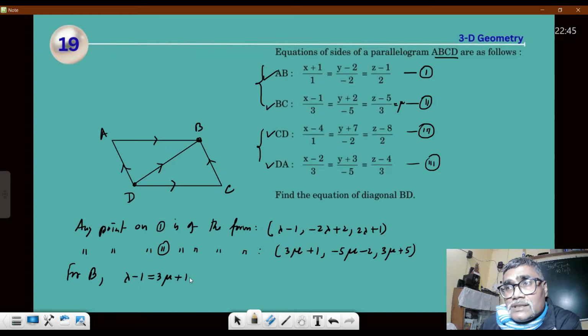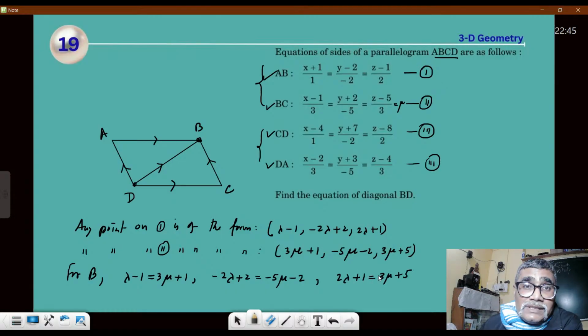This is one result. Minus 2 lambda plus 2 equals minus 5 mu minus 2. Then 2 lambda plus 1 equals 3 mu plus 5. I got three equations. Now I have to solve them.